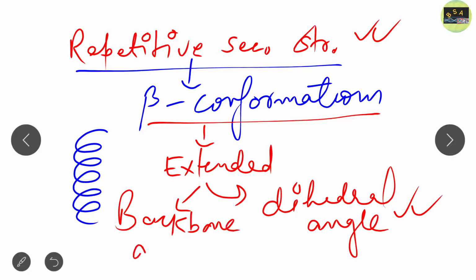There is no role of side chain in secondary structure. So it is defined by the backbone atoms, very important, and according to a set of dihedral angles. This is the basic introduction of the beta conformations. Okay, next.